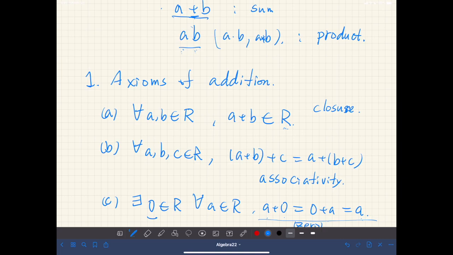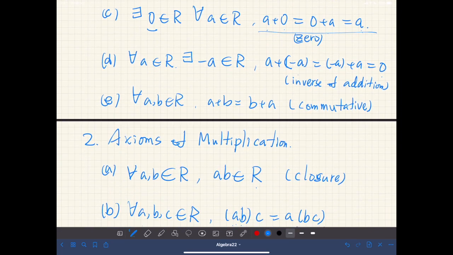If this doesn't hold, so that if we have two elements of R and add them, and A plus B is not an element of R, then we cannot talk about addition within R. So R is not closed, and in that case, we're in trouble, so we don't want that. So we restrict our interest to the set such that it is closed under addition. And same for multiplication.